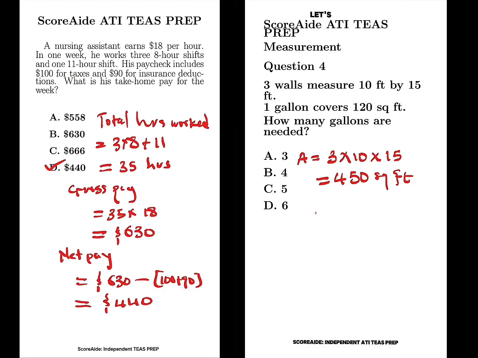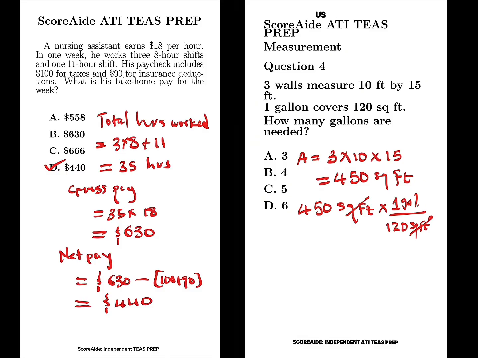Now let's convert this to the number of gallons, right? So 450 square feet. We set 1 gallon up there, and because our answer needs to be in gallons, there's going to be 120 square feet down there, so that this cancels that, and we are left with 450 divided by 120.